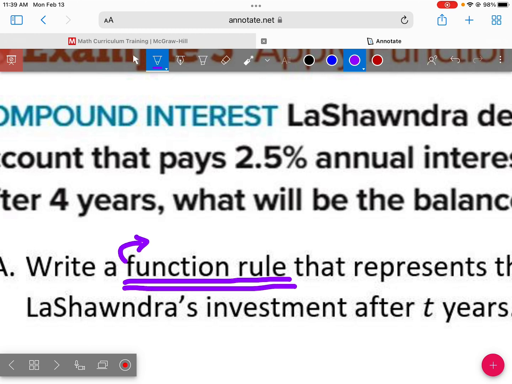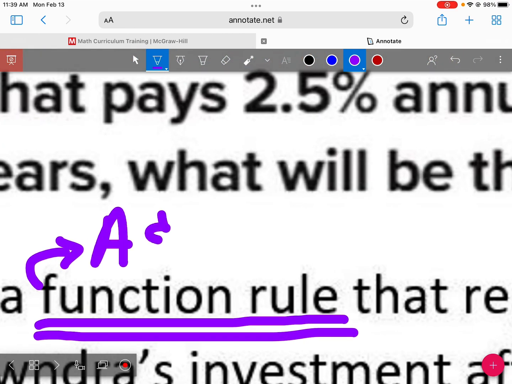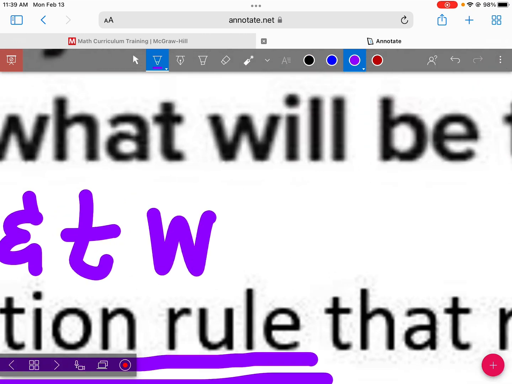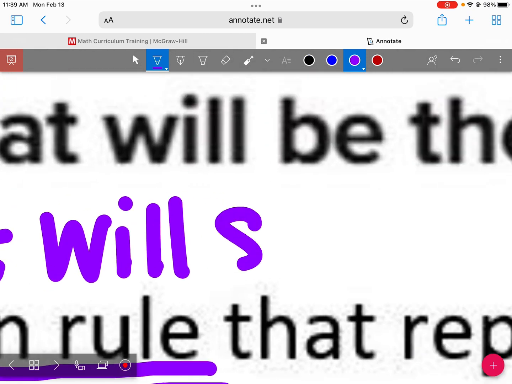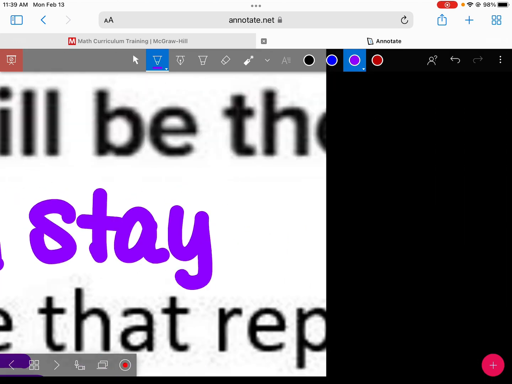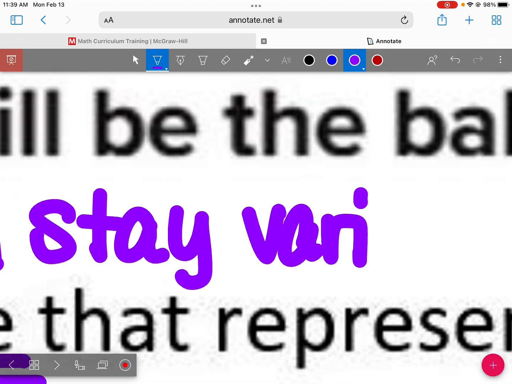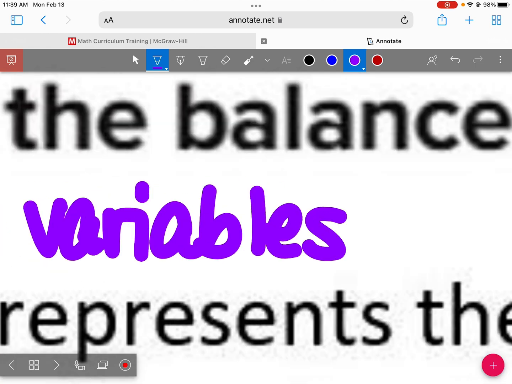Whenever we need to write a function or a function rule, that means A and T, the final amount and the time, will stay variables. They're going to stay letters. We're not going to substitute anything in for them.